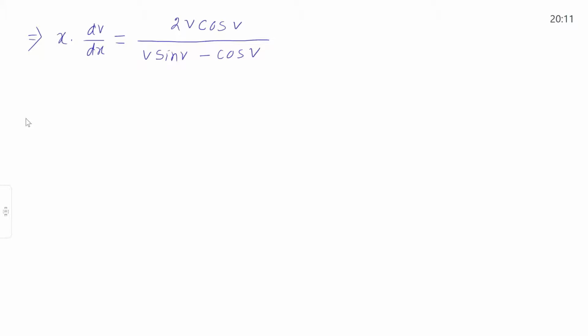The remaining part, this part will be the numerator, v sin v minus cos v is the numerator, divided by this v cos v. This 2 will go to the right-hand side, v cos v. The answer will be dv is equal to 2 is already there, into x will go to the denominator, meaning 1 by x dx.